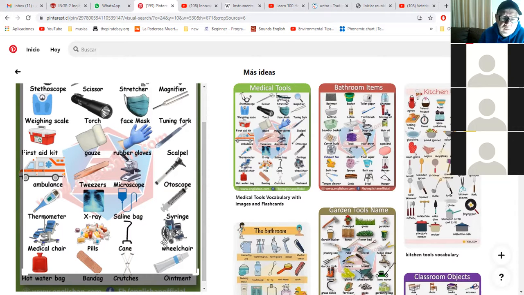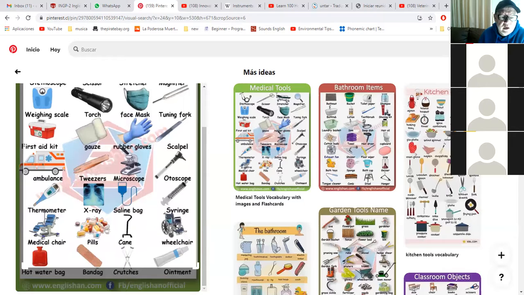Cane, wheelchair, hot water bag, nunca está de más, bandage, aquí falta una E al final, bandage, curita, crutches, and ointment.